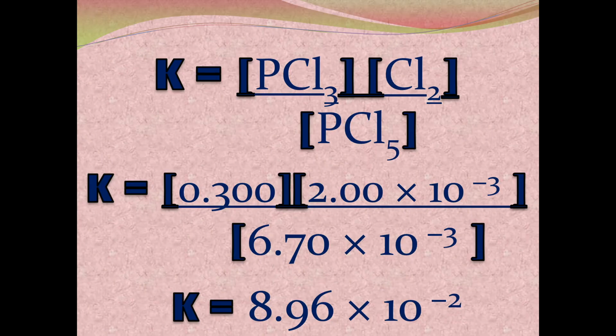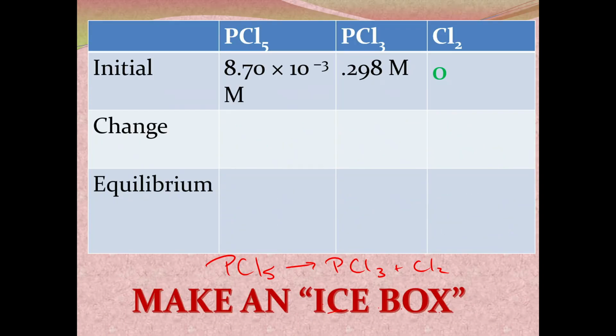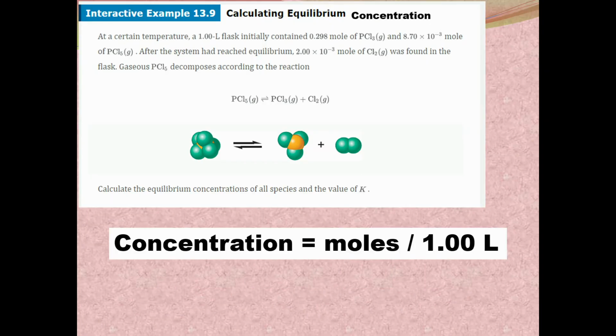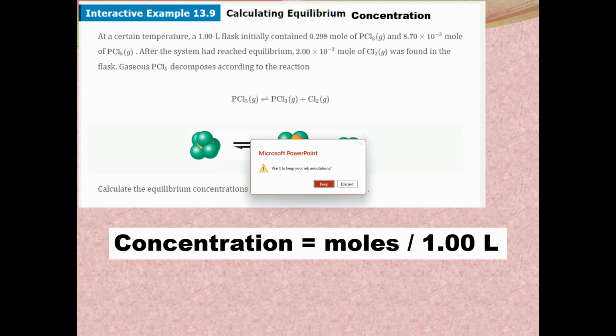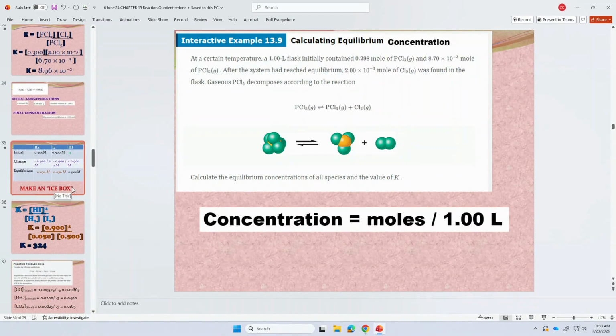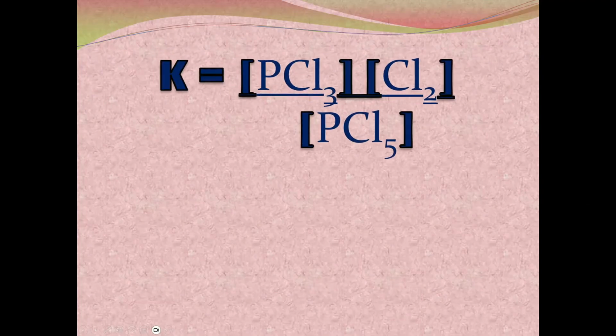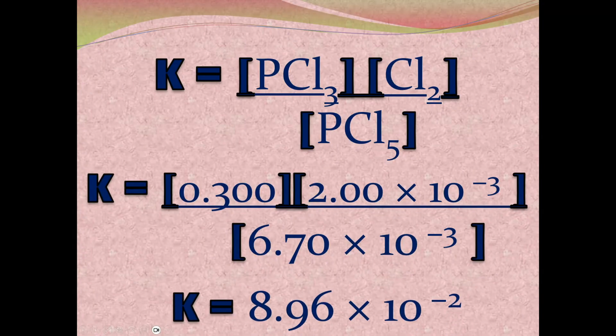This is not a great reaction under normal conditions. It just says at a certain temperature. At room temperature, this is not a great reaction. It doesn't produce a lot of product. And we can see that because we've got a fairly low K value.